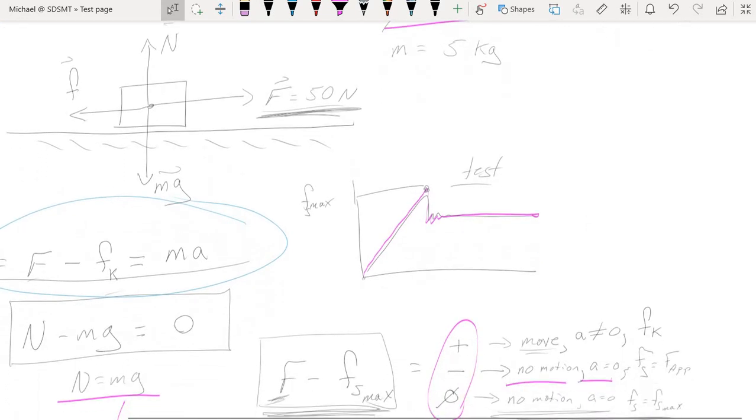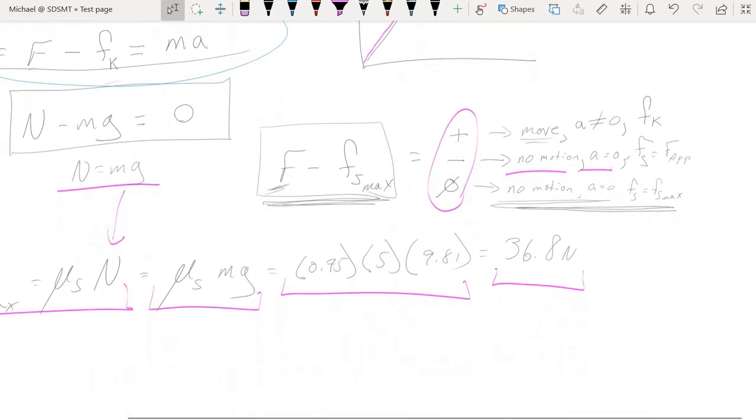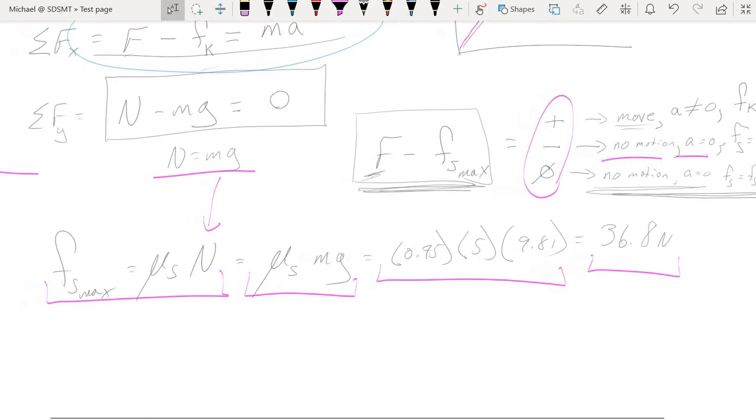We've been using the static friction force for most of this problem, but now we have to switch over to the kinetic friction force. Well, the only difference between that maximum static friction that we've been testing and the kinetic friction force is the coefficient that was used. We still have the same normal force.